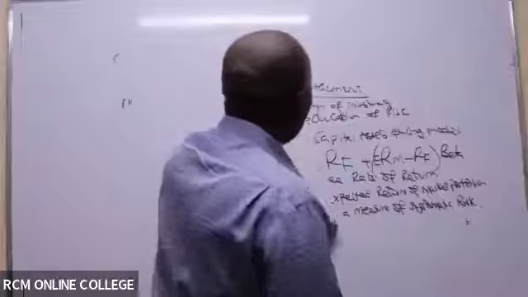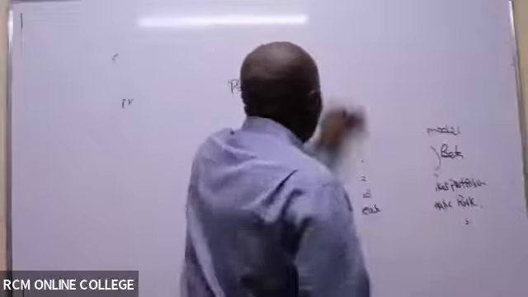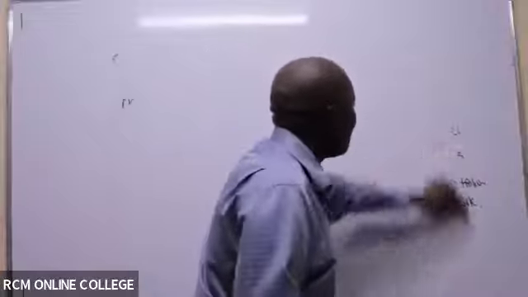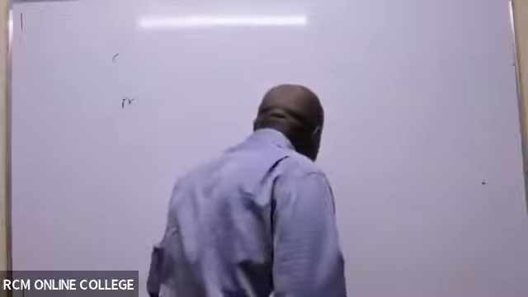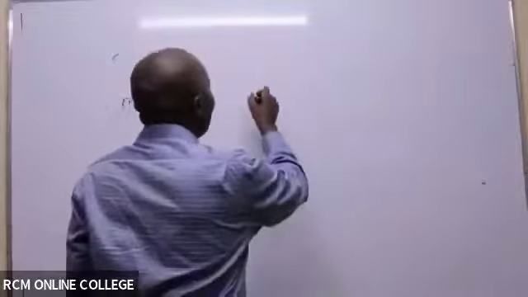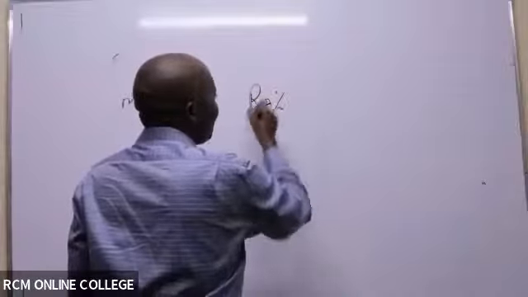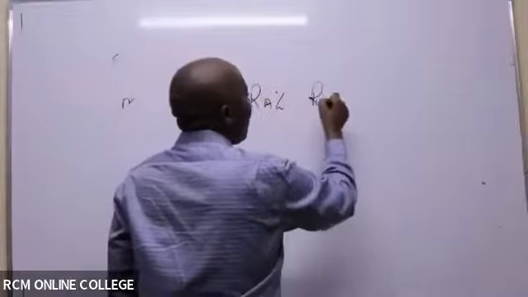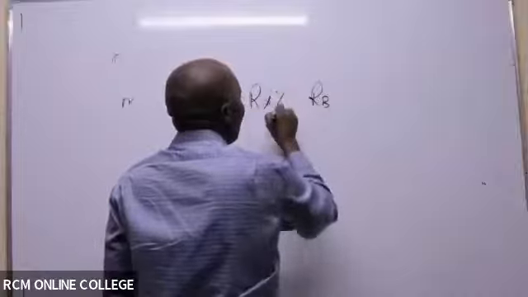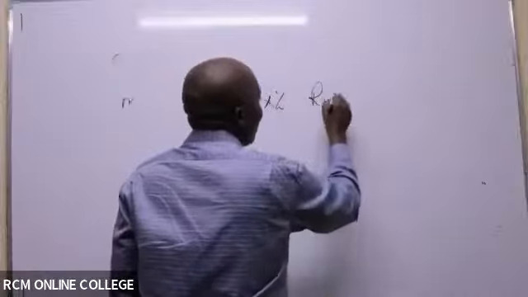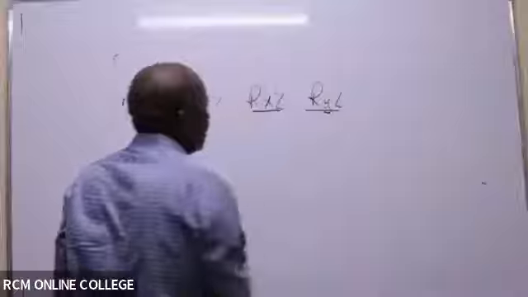And now, ladies and gentlemen, for the sake of your exams, this is what will happen. There are two technicalities. You will be given returns of two securities. We have returns of A and returns of B. Let me call them X and Y. Returns of X and returns of Y, in form of percentages.